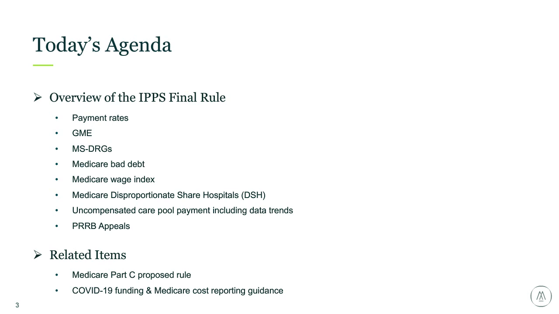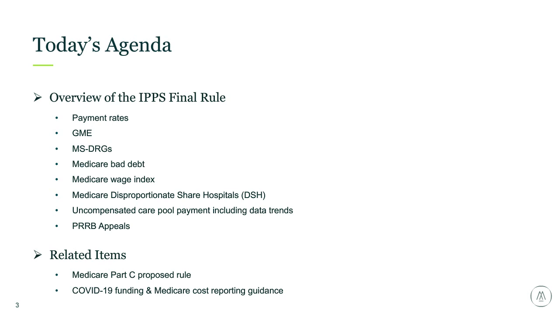So as you can see on your screen, what we have is an overview of the payment rates, a change to GME reimbursement, MS-DRGs. We're going to cover Medicare bad debt pretty thoroughly. This is an area of interest.